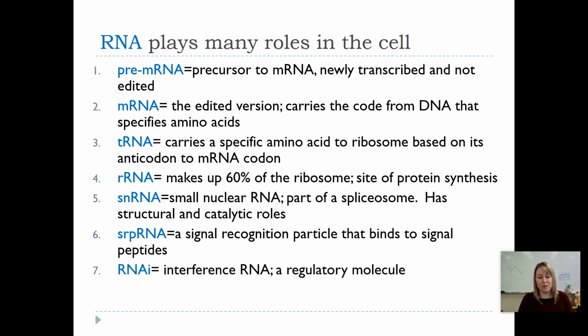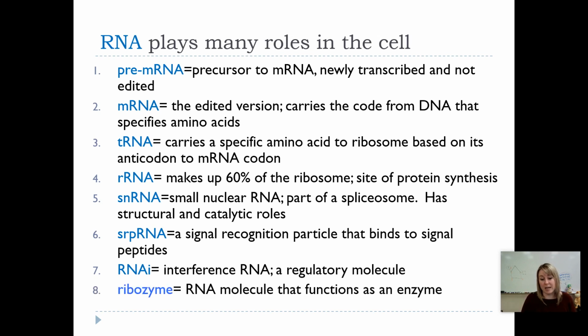RNAi, very cool, a more recent introduction to the RNA team. That's something we just recently discovered. Very cool, and we'll talk more about it. And then ribozymes. Ribozymes are RNA, but they are wound up with these enzymes, and they act as an enzyme, but they have binding sites that are controlled by RNA.